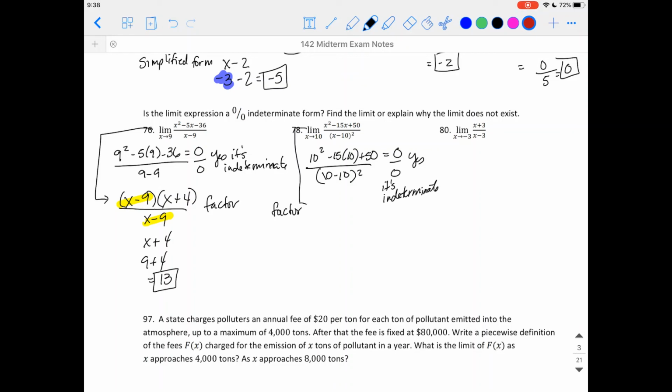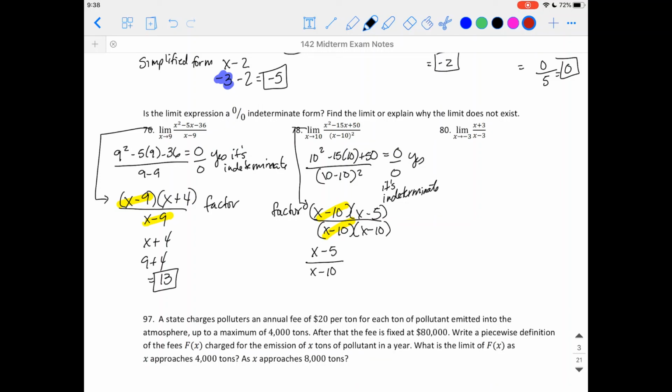So we need to factor these expressions. This numerator is going to be x times x, and to get a plus 50, a 10 and a 5, so minus 10 and minus 5. And then x minus 10 quantity squared is x minus 10 times x minus 10. Again, these two are the same.